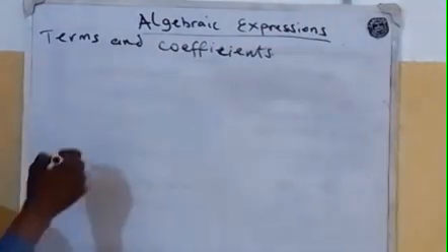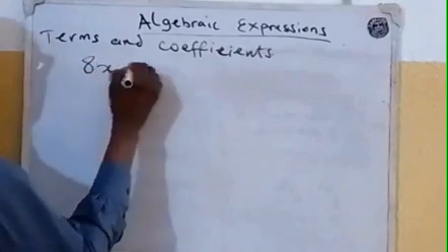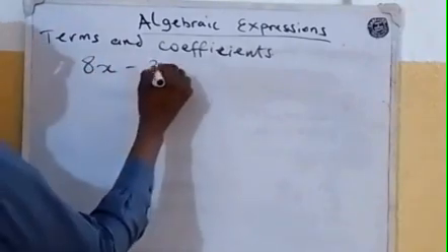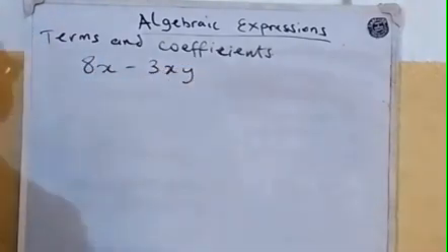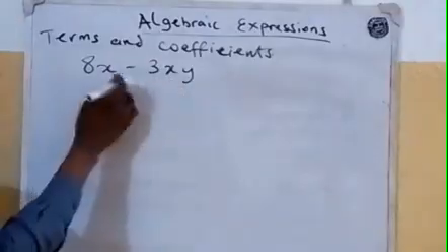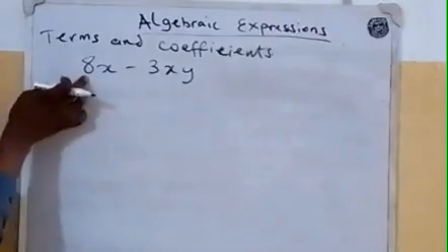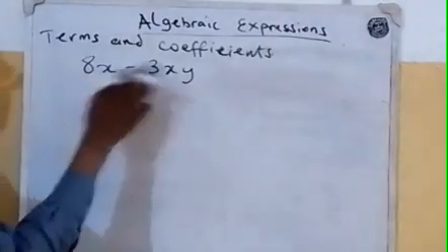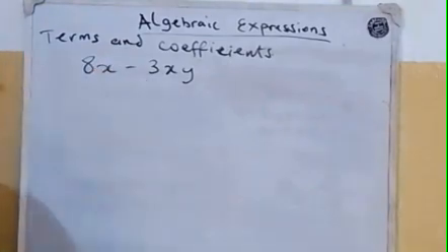For example, if you have 8x minus 3xy, you see in this expression we have alphabets, x and y. We have numerals, 8 and 3, and we have an operation, minus.